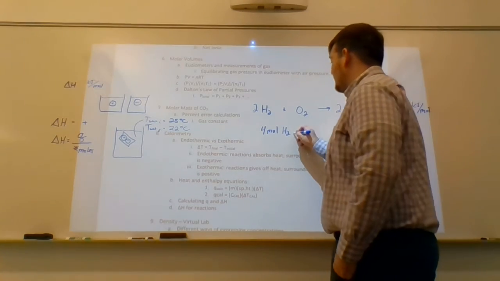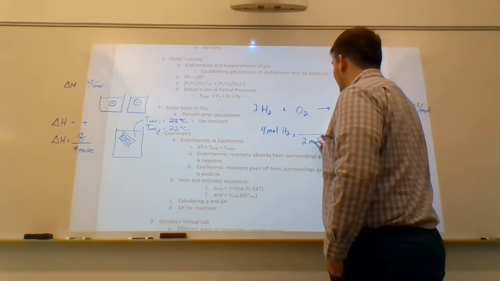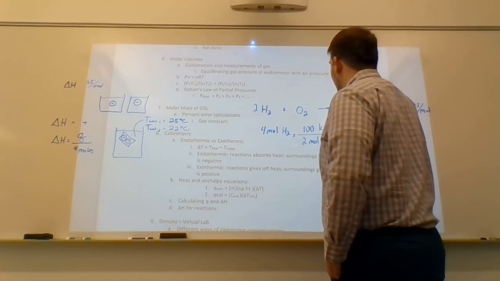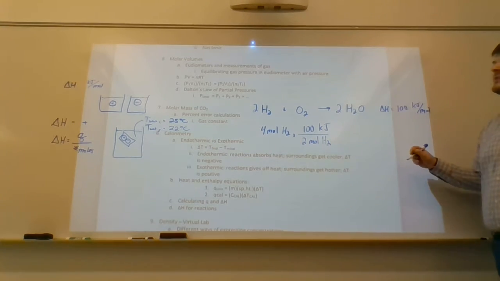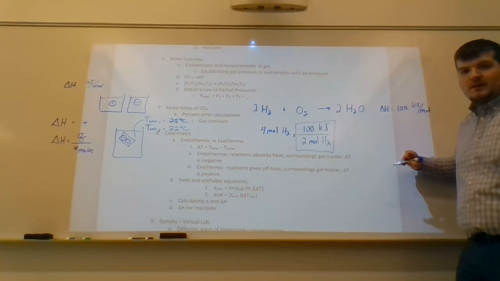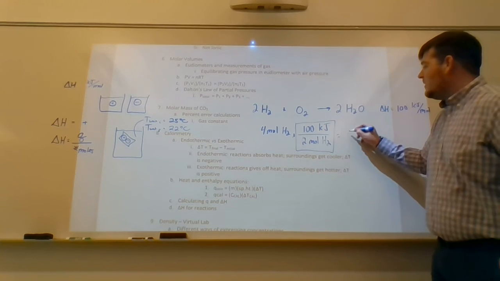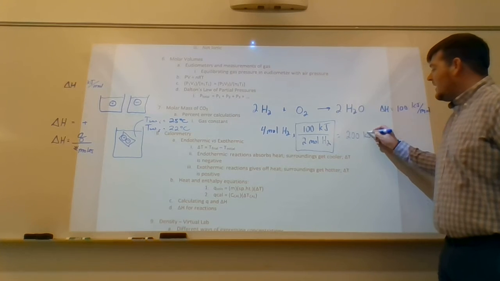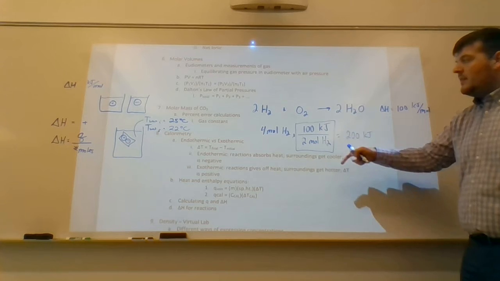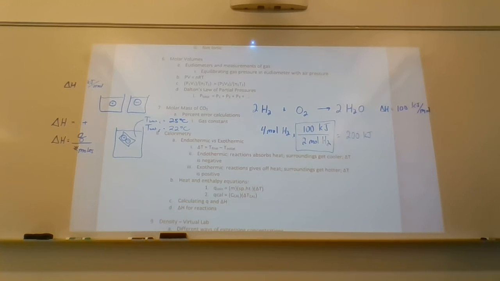Well, I could say 4 moles of H2 times 2 moles of H2 releases 100 kilojoules. Okay, this value is based upon the balanced thermochemical equation, and then we would have 200 kilojoules. So you say, Kyle, how much heat would be exchanged? 200 kilojoules based upon the value of the thermochemical equation and the coefficient of the balanced chemical equation. Sound good?